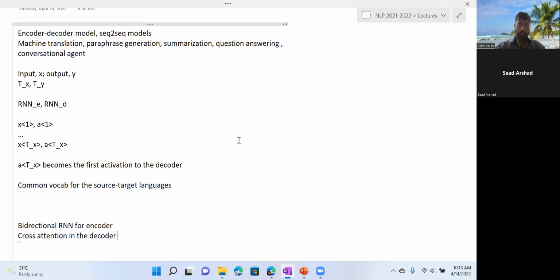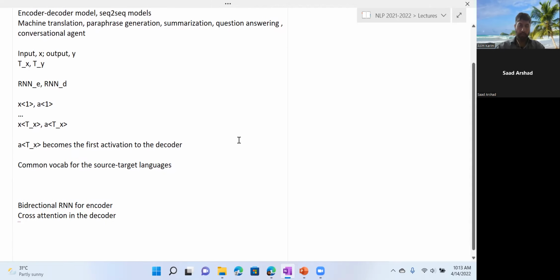Here, attention is based on two sequences. So let's understand this. Of course, I won't go into the math of this. The math is identical to the one that we did for self-attention. The only difference is that the two sequences that we are talking about are different.